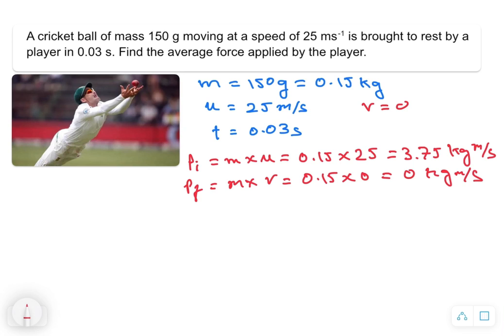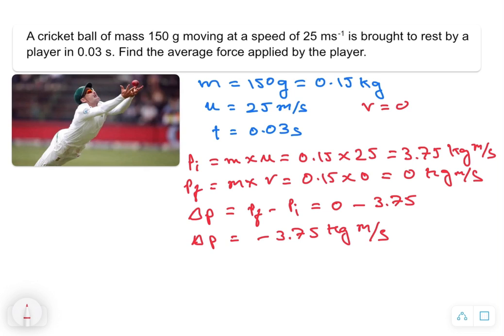So the change in momentum will be delta P equal to P final minus P initial. Final momentum minus initial momentum. Final momentum is 0. Initial momentum was 3.75. So the change in momentum will be minus 3.75 kg meters per second. Now the average force is change in momentum by time.